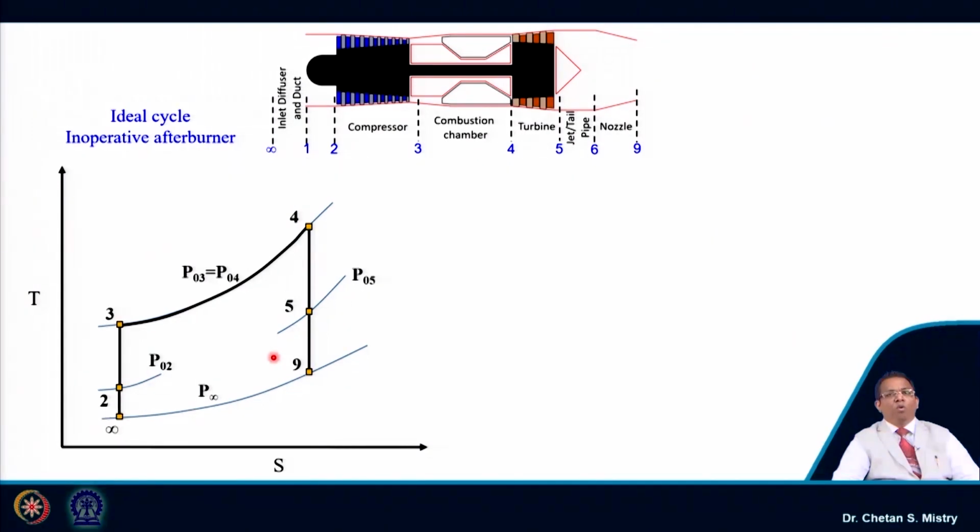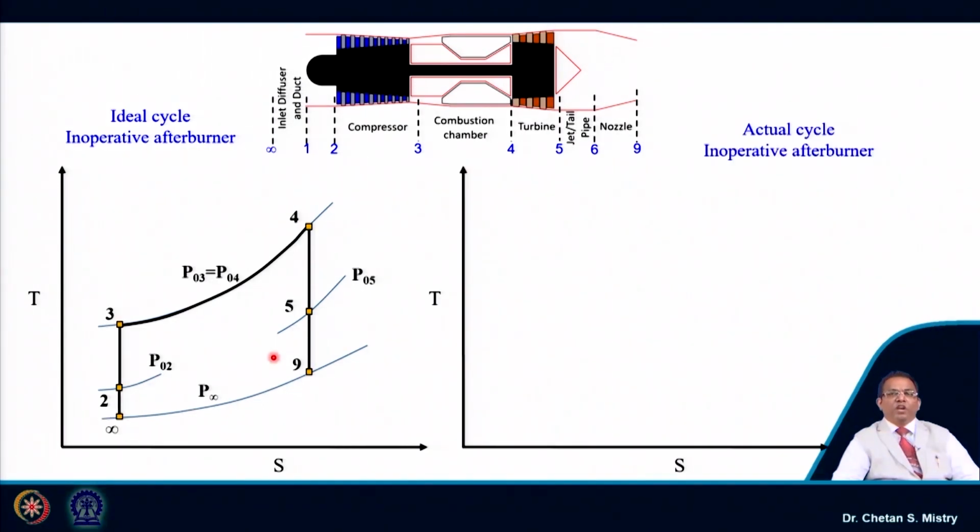Okay. Now, what we have learned, let us put that knowledge to explain the actual cycle. Here, this is my atmospheric pressure. From infinity to 2 is what happens inside my intake, where we consider that process as isentropic, but because of the presence of losses, we know the entropy will increase.